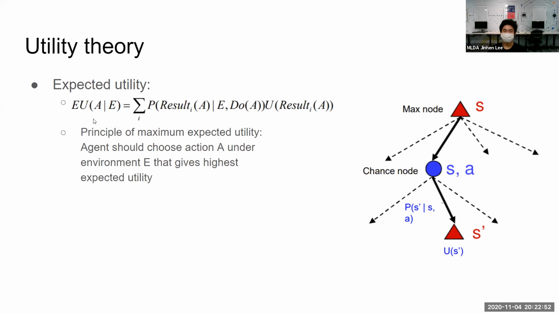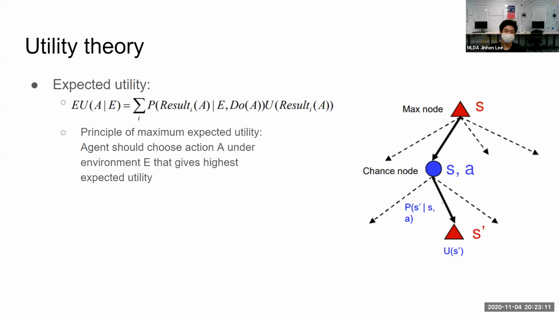So the expected utility is what you expect from the probability. The expected value of something is the summation of the probability of that variable taking on a particular value times the value itself.